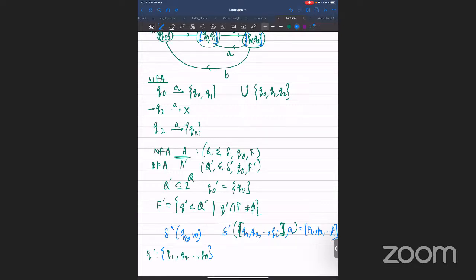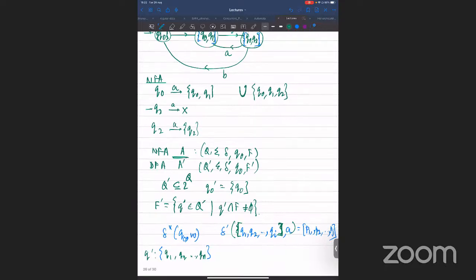When will that be the case? When will delta prime of [Q1, Q2, ..., Qi], comma A be [P1, ..., Pj]? We just saw this example a little while ago, right? So can you tell me? When delta of Q1 to Qi on A goes to the set, either of P1, P2 to Pj. Yeah, very good.